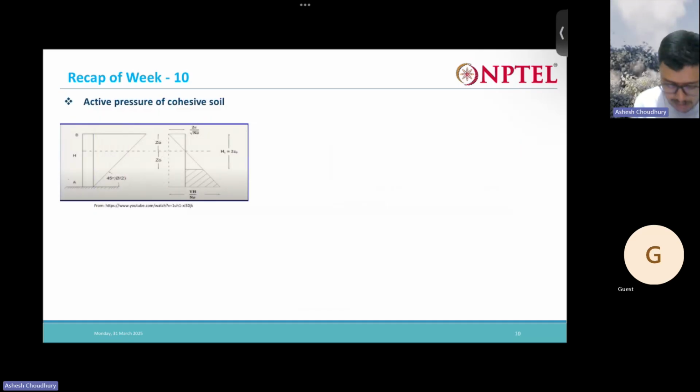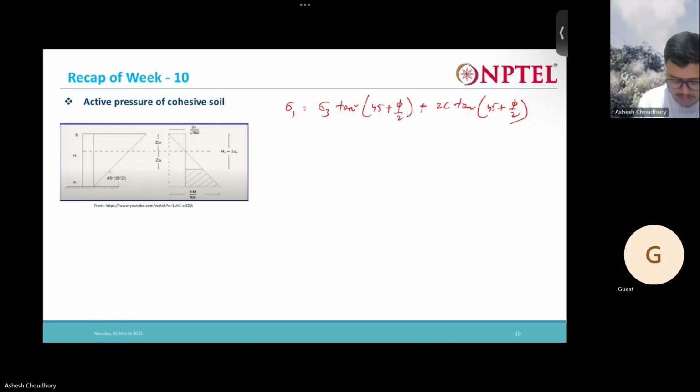Now for cohesive soil. Now cohesive soil, what is the case? So you can have this thing, right? We have this case.